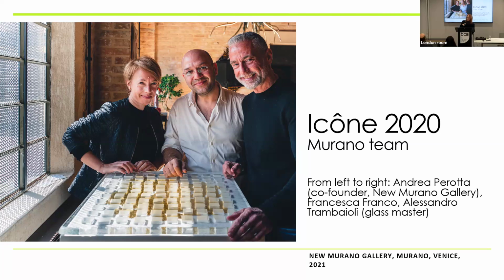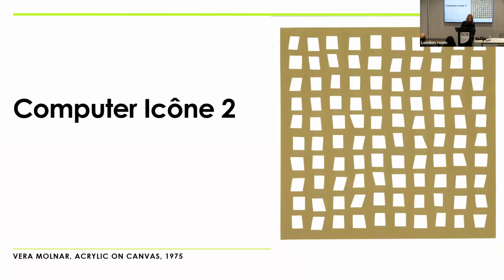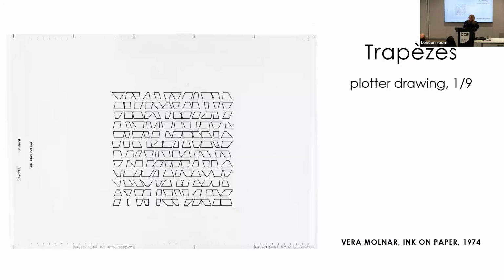And through my research, I realized that this 1975 canvas, which is called Computer Icon 2, in turn originates from a series of computer plotter drawings made in 1974 called Trapeze.